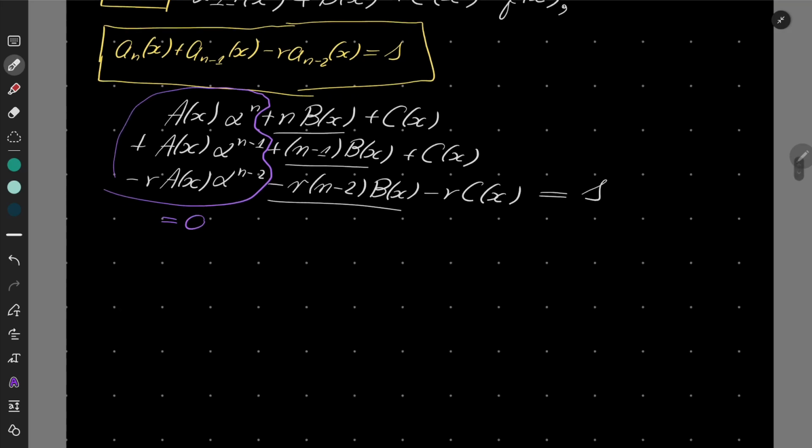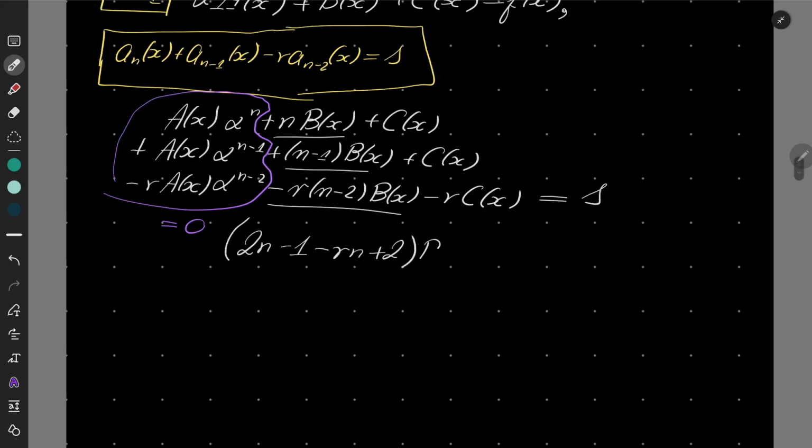So we have 2n minus 1 minus rn plus 2 times b(x). And we have 2 minus r times c(x) equals s.